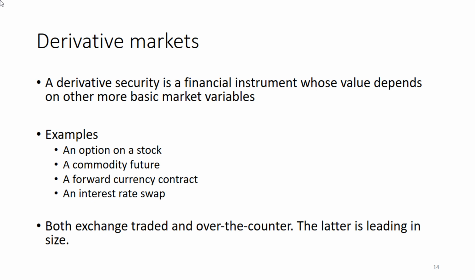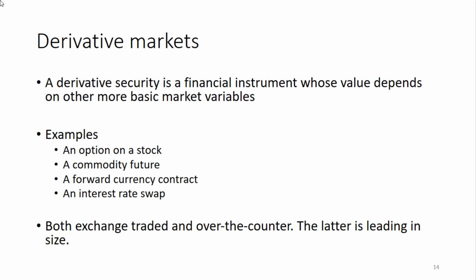Another example, a commodity future. Think, for example, of a wheat futures contract. Then wheat is the commodity. So a futures contract is a derivative security. In a moment we will say, well, it's the price that you agree upon today to buy the commodity in the future.